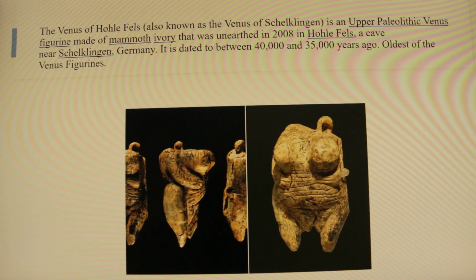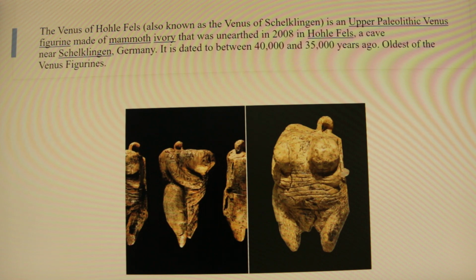It's a cave in Germany, and it is a very small piece. This was actually carved, and you could put her on some type of string and wear her around her neck.